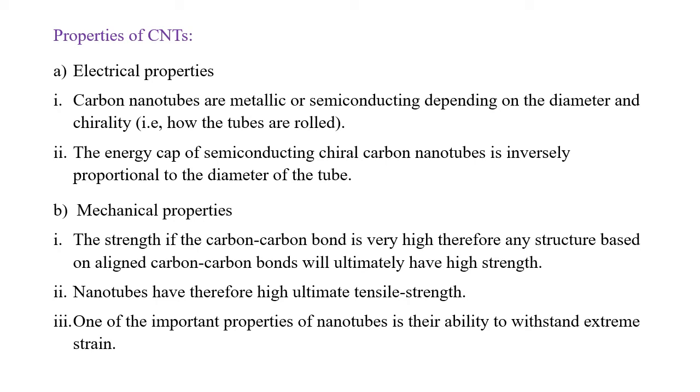One of the important properties of nanotubes is their ability to withstand extreme strain. And the carbon nanotubes can recover from severe structural distortion. This is due to the ability of carbon atoms to re-hybridize.